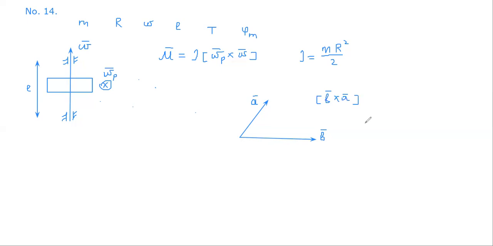This direction will also be perpendicular to the screen, but it will be from the screen to us, and it can be shown like this: the direction of B and A, and the direction of cross product B and A. Okay, it was some information about vector product.